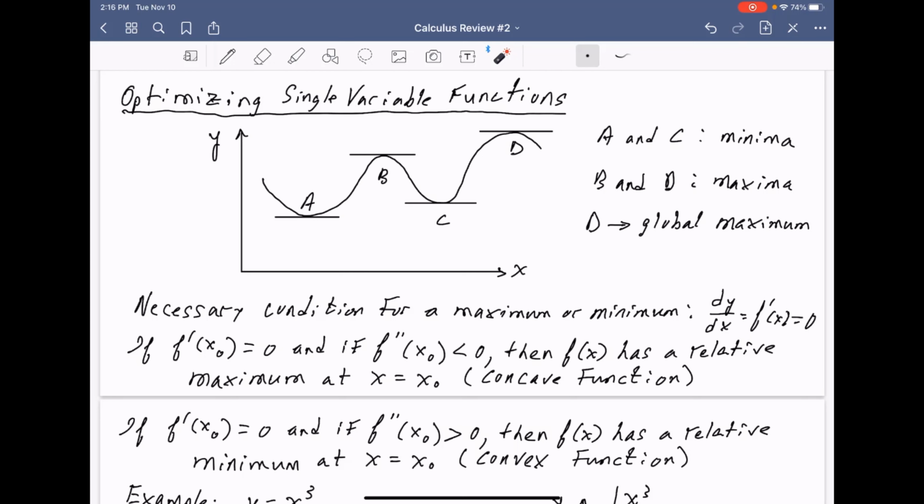Now notice that there are 2 minimum points, 2 minima, A and C, and 2 maxima, B and D, and that there's a global maximum at D.